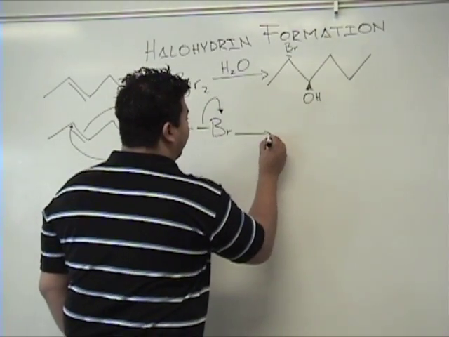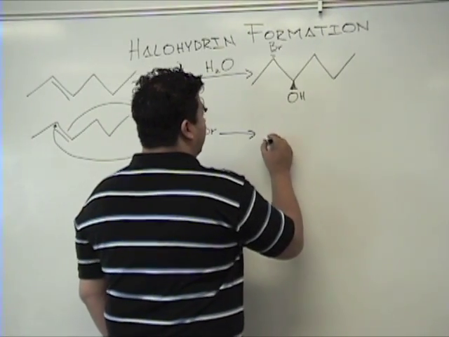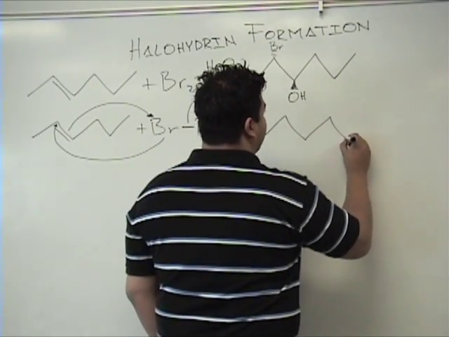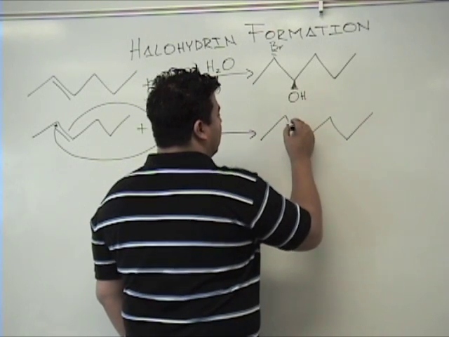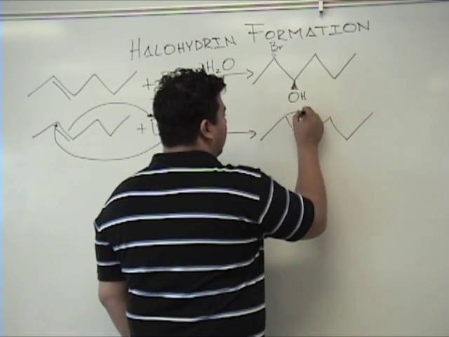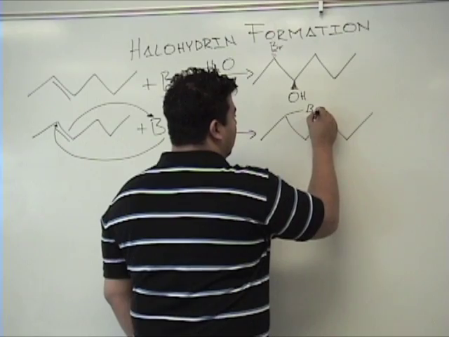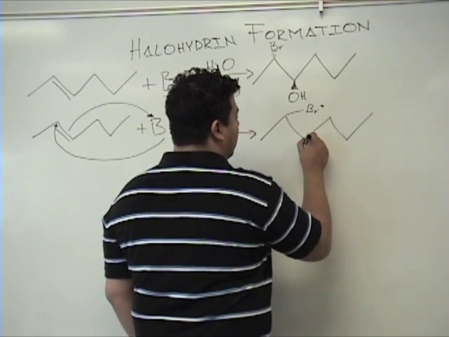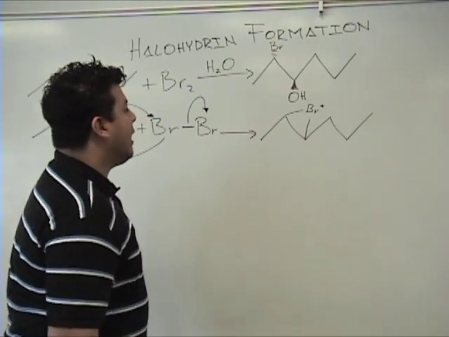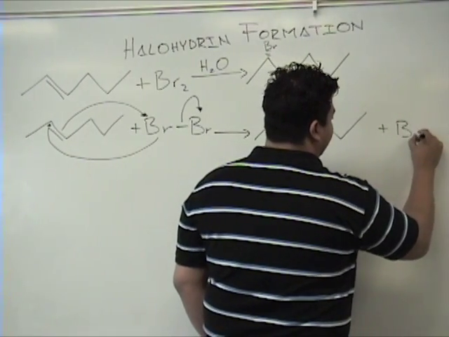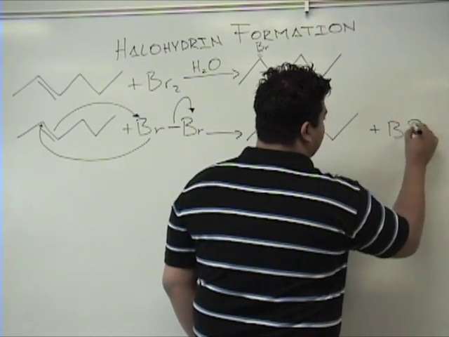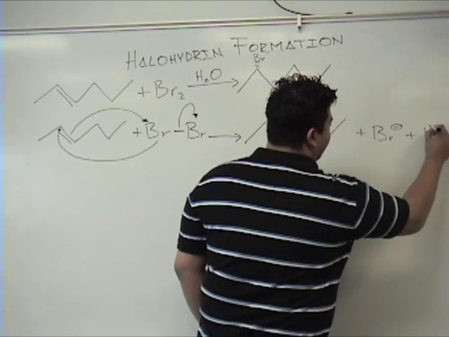So what we get from that is our structure, and then we get here a bromonium ion, like that, plus a Br minus in the presence of water.